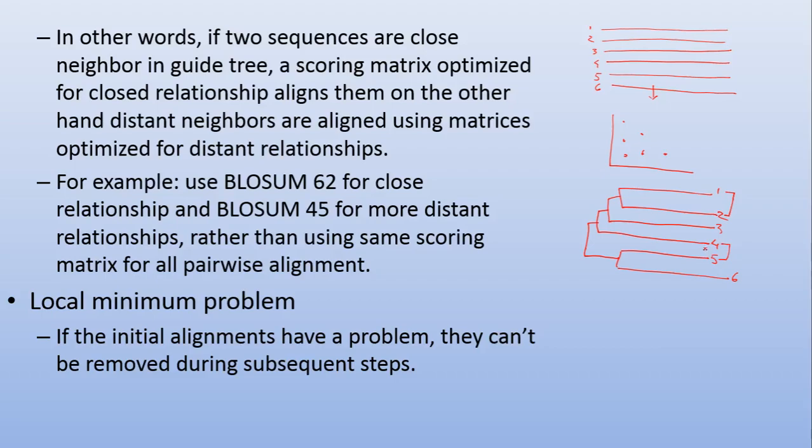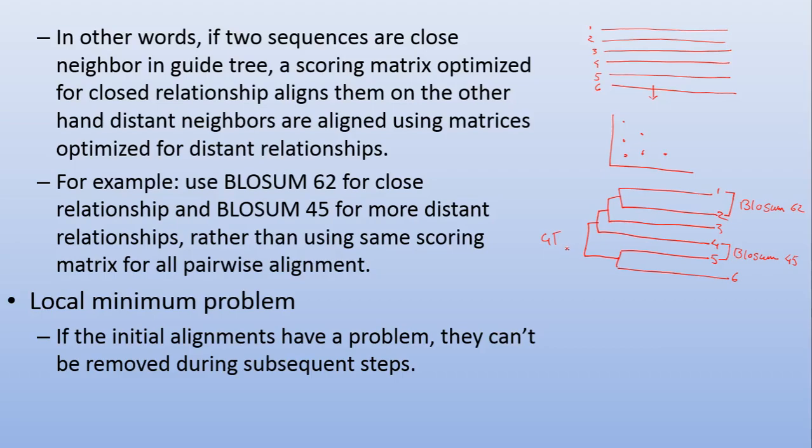So we have different sets of scoring matrices to do this job. For example, you can use BLOSUM62 to align sequences 1 and 2, because they are closely related. On the other hand, you can use BLOSUM45 for the other pair, because you know these two sequences are divergent and are distant neighbors in your guide tree.